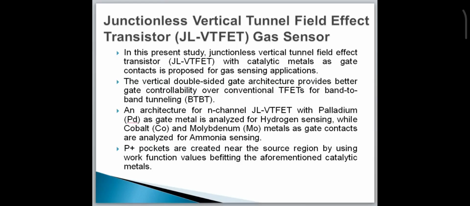For using junctionless Vertical TFET as gas sensor, we used catalytic metal at the gate terminal, which can absorb the gas or sense the gas and recognize the gas, which is helpful in the gas sensing application. Palladium metal is used for hydrogen gas sensing, and cobalt and molybdenum metal are used for ammonia gas sensing.